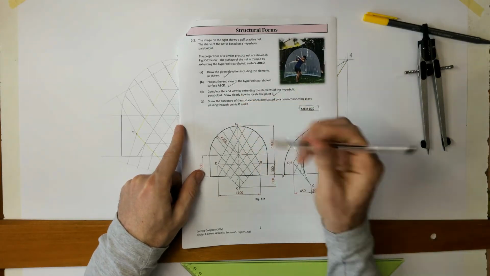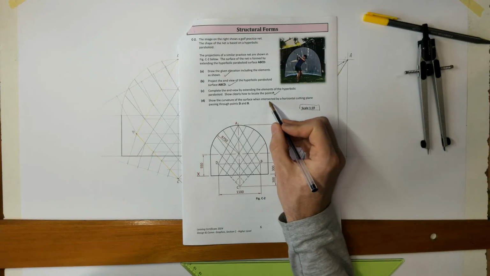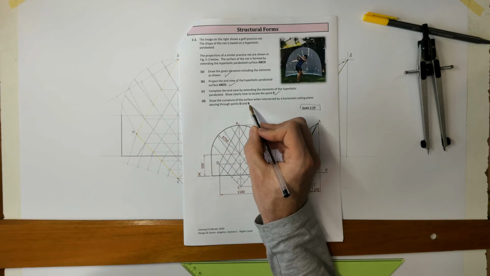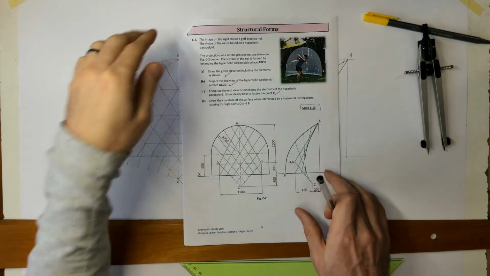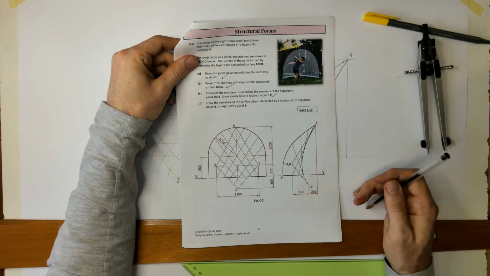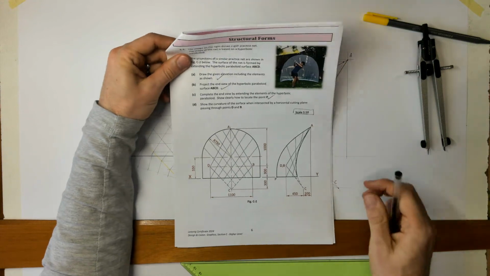Great. So part D. Show the curvature of the surface when intersected by a horizontal cutting plane passing through DB. Okay. So if we take a slice across there and look at it perpendicularly, what is the curve that we will see?